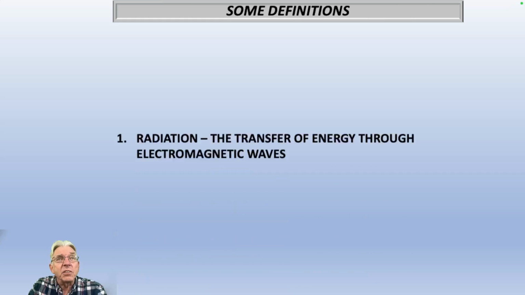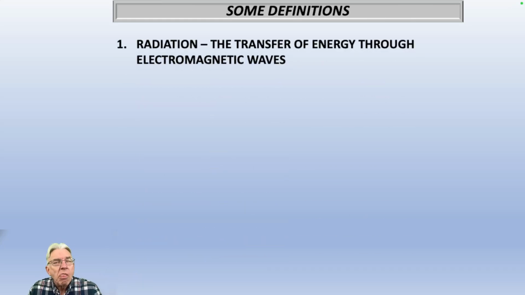And first we have to start off, of course, with some definitions. So radiation is defined as the transfer of energy through electromagnetic waves. Now, in a previous bonus weather video, we talked about the electromagnetic spectrum, which goes all the way from really, really long wavelengths like radio waves to very, very short wavelengths like gamma rays, okay? And then the visible part of that spectrum is about 0.4 to 0.7 microns, microns being 10 to the minus 6 meters, okay?